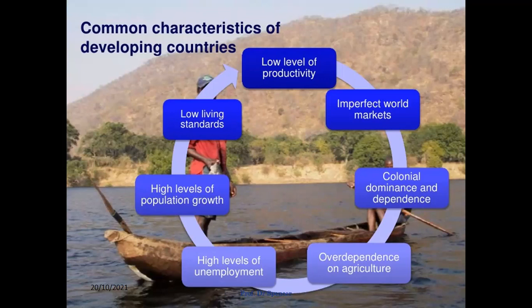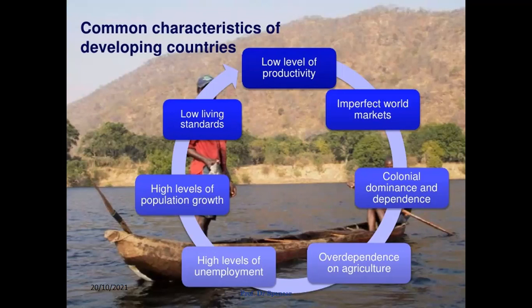where the rate of unemployment is very high. Some countries too still have high levels of population growth, particularly in African countries, including also countries in Asia, but compared to Africa, I think Asian countries have slightly lower levels of population growth, and of course, low living standard.